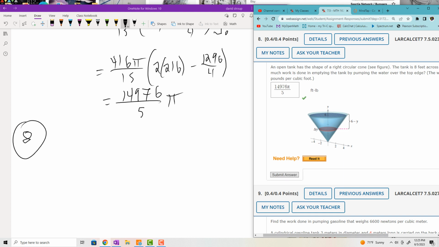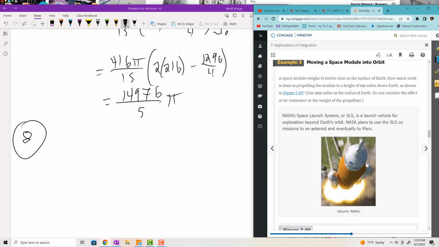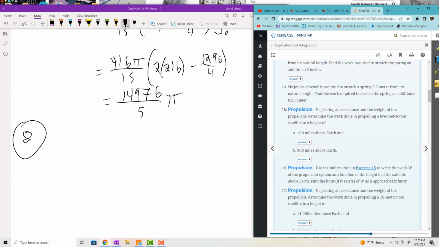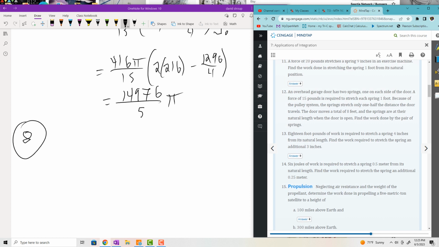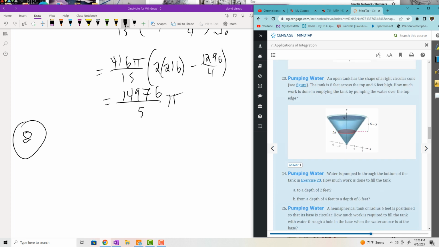It's just not going to allow me. Let's see if I can find one in the homework exercises. I guess problem 23. Well, that's the exact same problem.